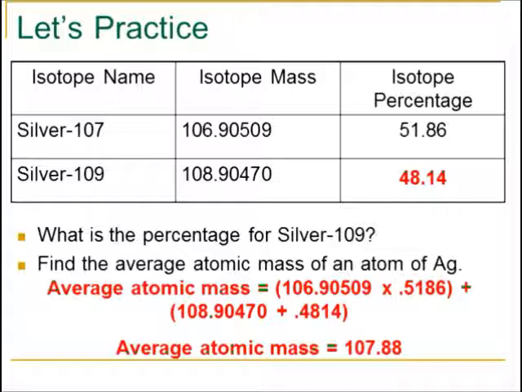We take its average mass unit of 108.90470, and that should be a multiply, times its relative abundance, 0.4814, which gives us the average atomic mass of 107.88.